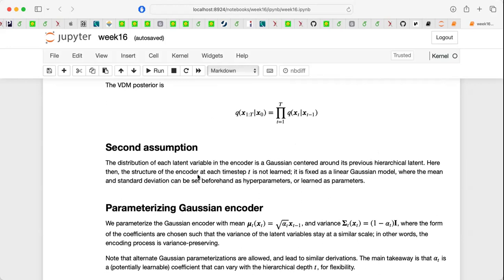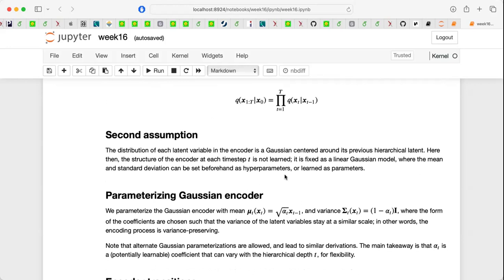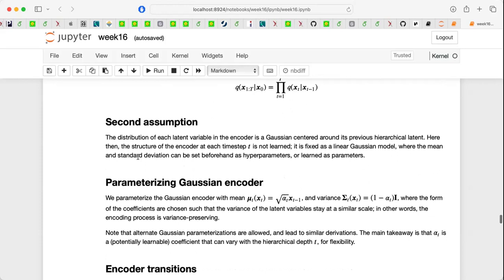Here the structure of the encoder at each time step is not learned, it is fixed as a linear Gaussian model, where the standard deviation and the mean value can be set beforehand as hyperparameters. You can have them fixed throughout the calculation, or they can be learned as parameters.